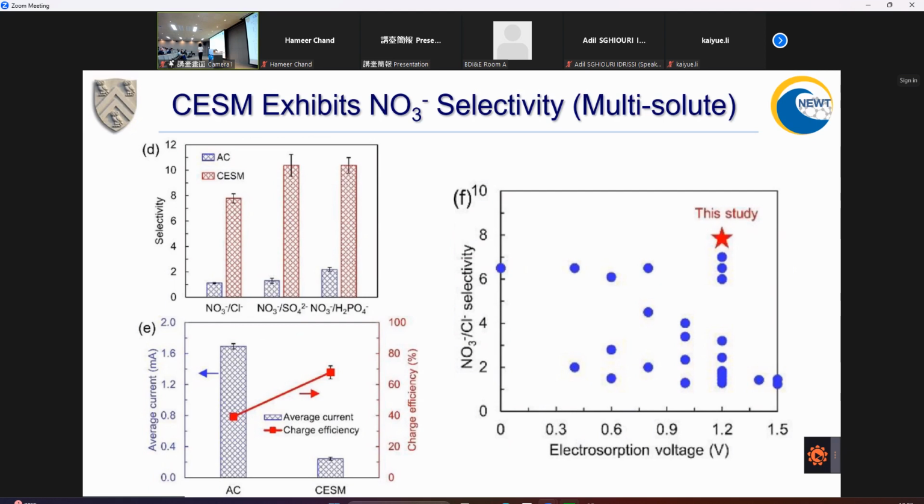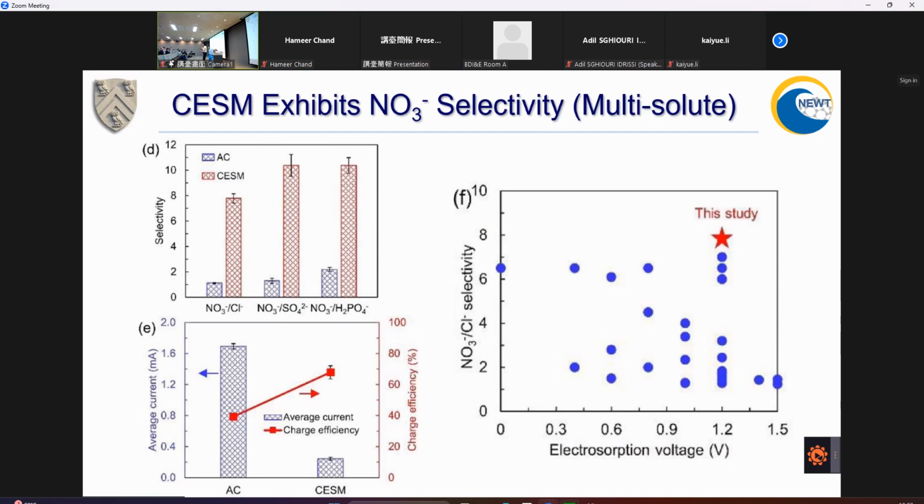The highest selectivity we were able to reach was 10 with respect to sulfate and phosphate. We also compared the selectivity we achieved in this study with other electrode materials reported in the literature. And so we claim, at least based on what we found, that this material has a higher selectivity for nitrate.